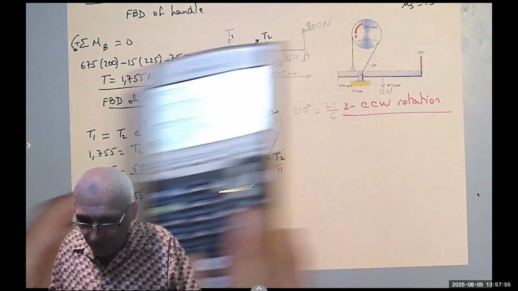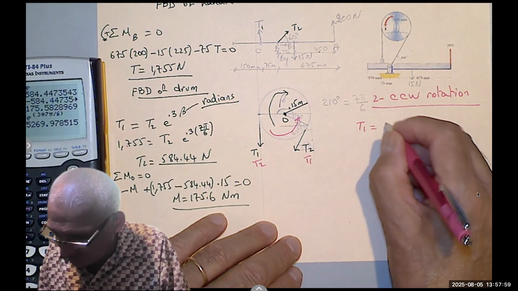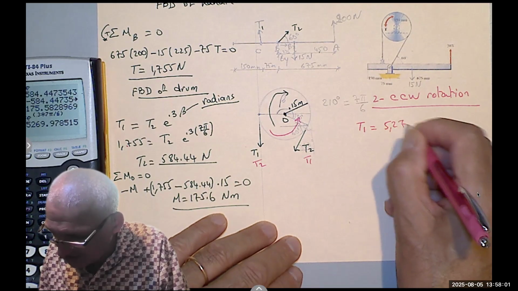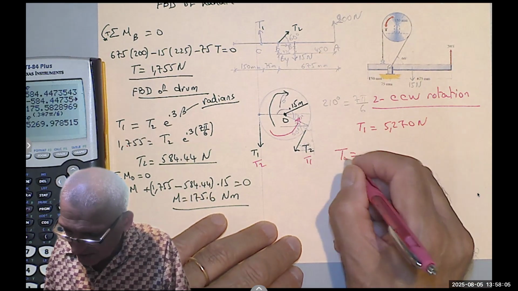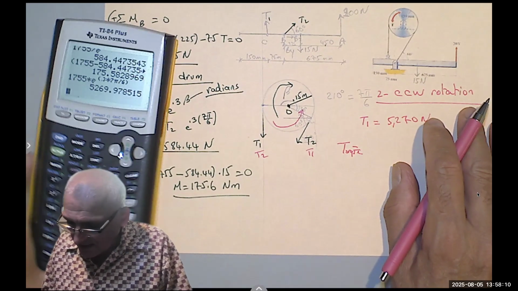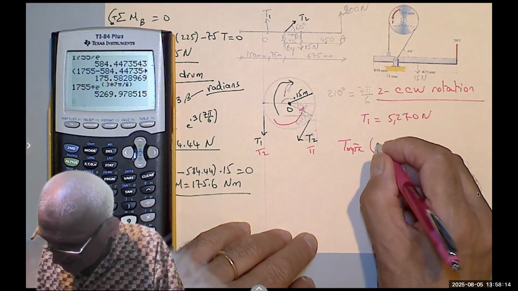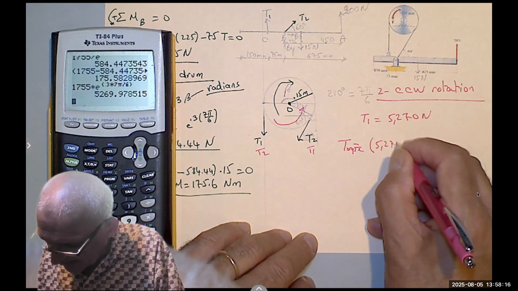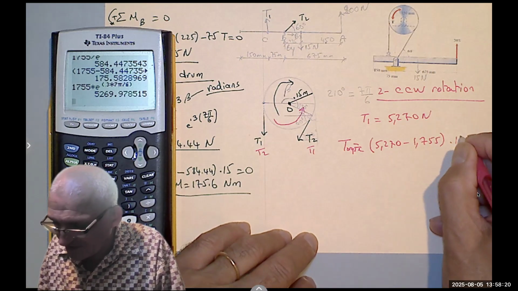And you get 5270. So T1 here would be 5270 Newton. And the torque, or the moment, basically would be 5270 minus 1755 times 0.15.